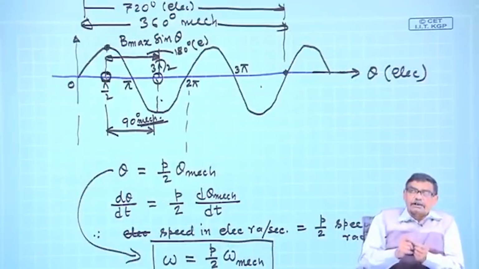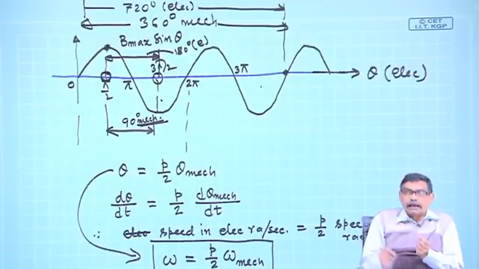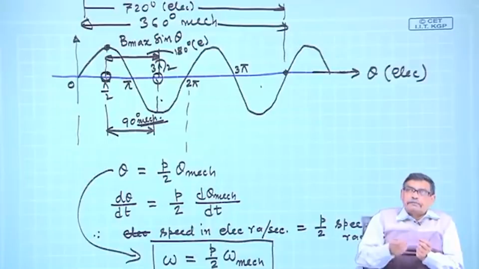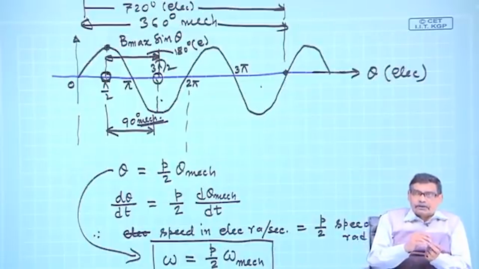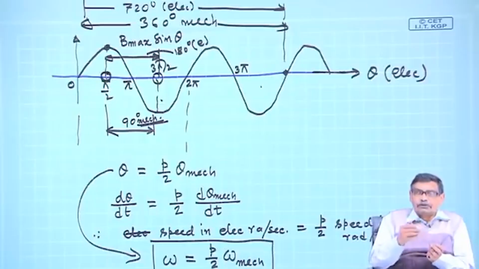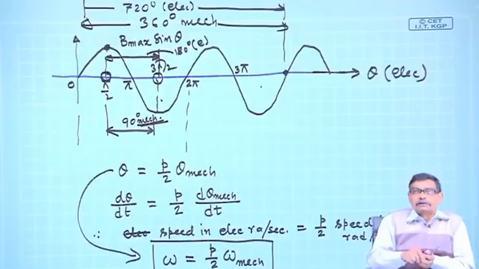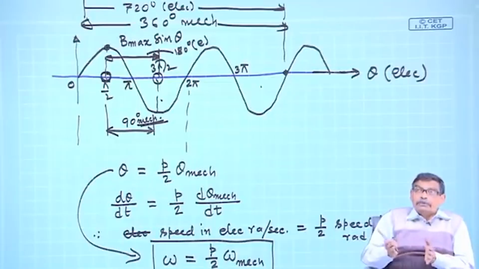Now, in such an environment, if a conductor is allowed to move with certain speed v meter per second, then as it completes one rotation, it will cross successively south pole, north pole, south pole, north pole before it comes back to its original position. Therefore, 2 cycles of EMF will be produced, which is equal to 720 degree when we sketch a voltage waveform.